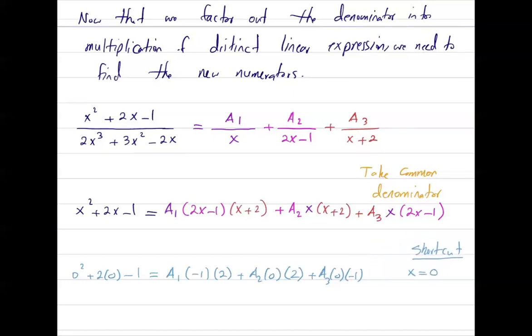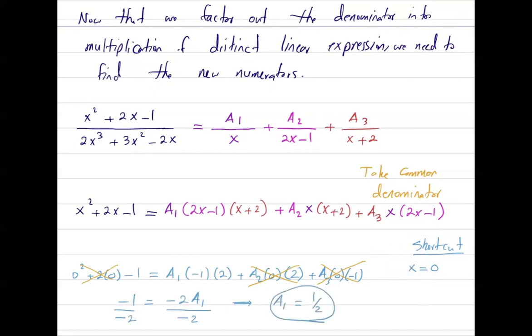So we are just applying the shortcut for each case separately. See what happens here. This guy is 0. This guy is 0. And on the left-hand side, you have just negative 1. Negative 1 is equal to negative 2a1. So if you divide by negative 2, a1 is equal to a half. We found a1. It is just a half.